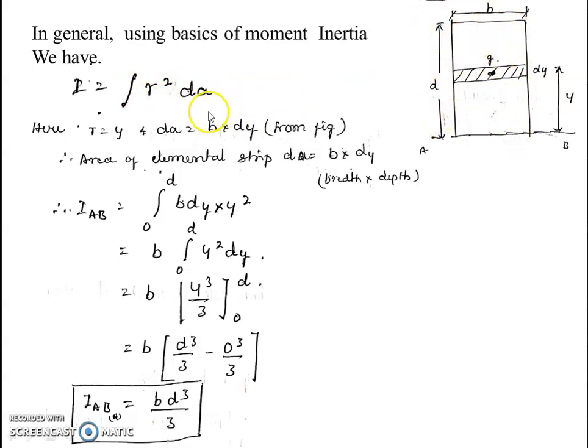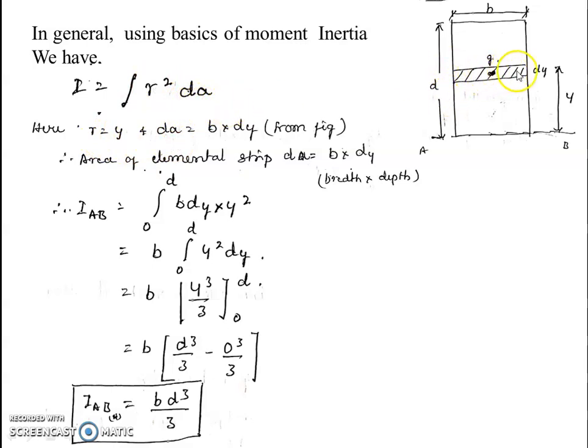Here r is the distance, which is nothing but y from the figure. You can see the reference line AB and the strip is at a distance y from the reference line. So I considered the moment of inertia about the reference line. This perpendicular distance r is nothing but y.